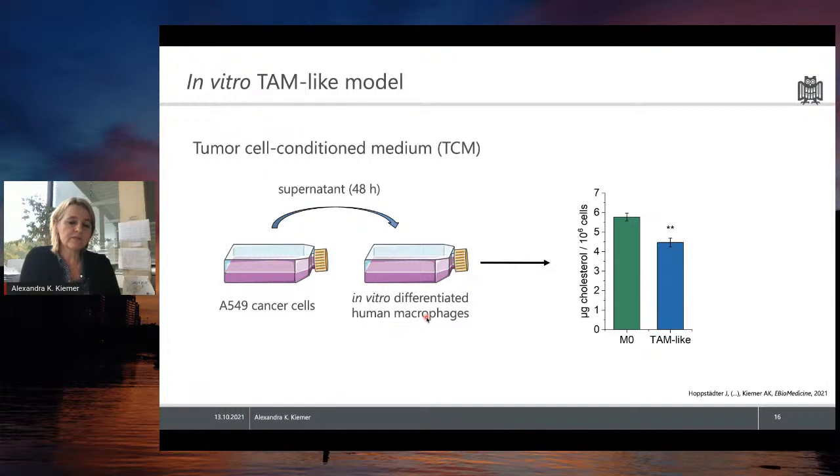We included an additional polarization phenotype of macrophages by cultivating macrophages in the presence of tumor cell conditioned medium, which means we used a lung cancer cell line which was cultivated, and the supernatant after 2 days of cultivation was collected, then sterile filtered and given onto macrophages. A first indication that this cell type might more represent a tumor-associated macrophage-like cell model was seen by this reduced cholesterol content in this cell model.